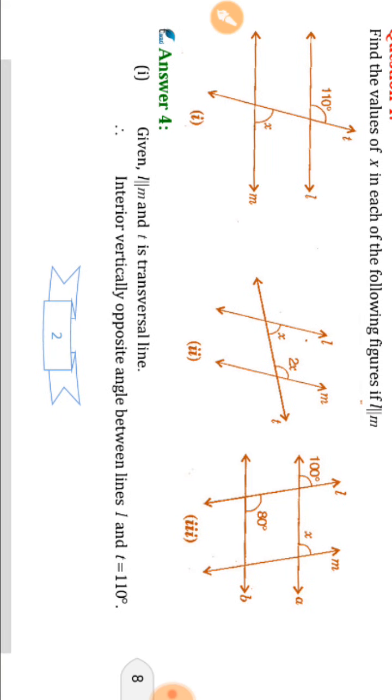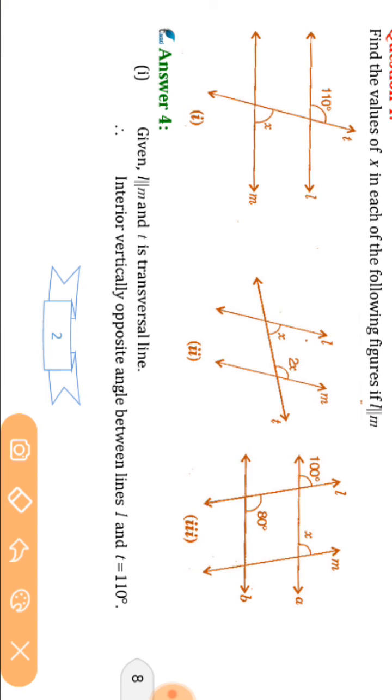Can we find X directly? No. Using the 110 only we have to find X. If you take this vertically opposite angle, then X plus 110 is equal to 180 degrees, because it is a co-interior angle, sum is equal to 180.